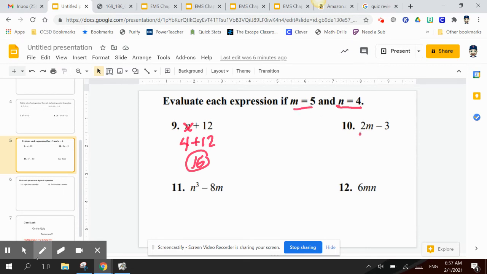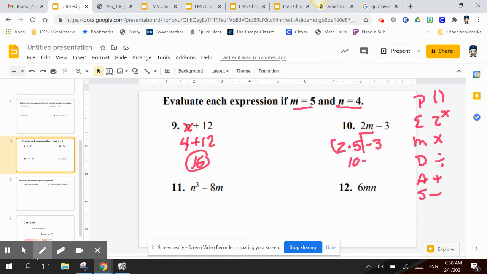So remember, if we have a number and a variable side by side, that tells me to multiply. So I have 2 times 5 minus 3. Then again, I have to remember my PEMDAS. And I know that multiplication is before subtraction. So I multiply first. 2 times 5 is 10. 10 minus 3, which is 7.